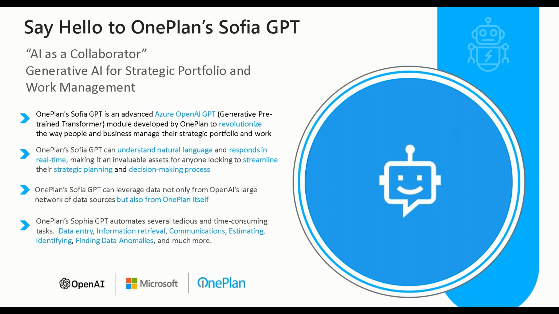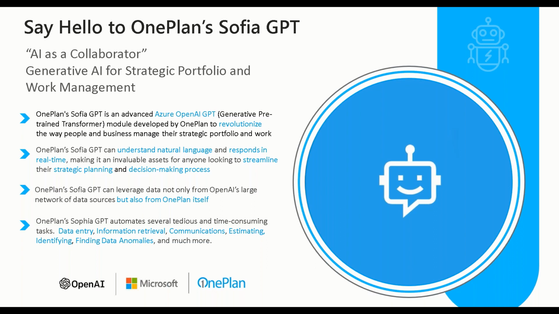So we're going to go through the use cases next, but basically the way that we are building the feature set, and will be enhancing Sophia GPT, is on these very specific use cases that have been defined by Gartner and other analysts as ways that we can increase the value of strategic portfolio management.